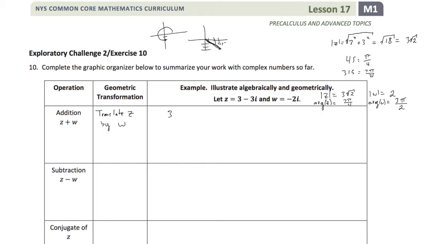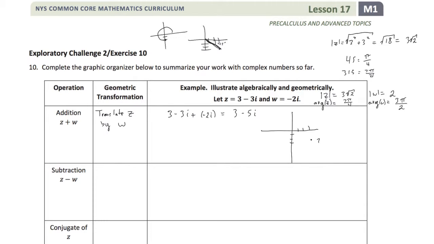So that'd be 3 minus 3i plus -2i. That one will be 3 minus 5i.